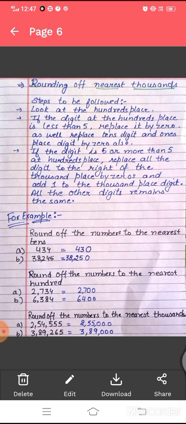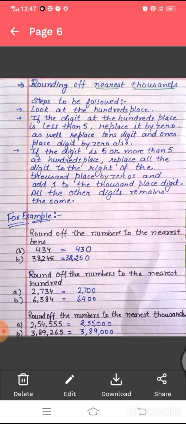In the first example, part A, the ones place digit 4 is less than 5. So we replace 4 by 0, and all the other digits, 3 and 4, will remain the same. The 3 at tens place and the 4 at hundreds place remain the same. So the number will be 430.